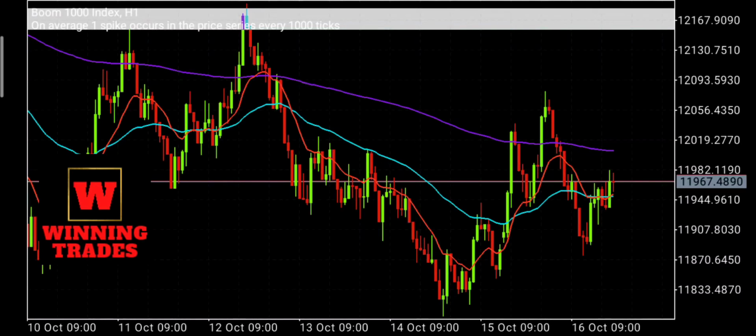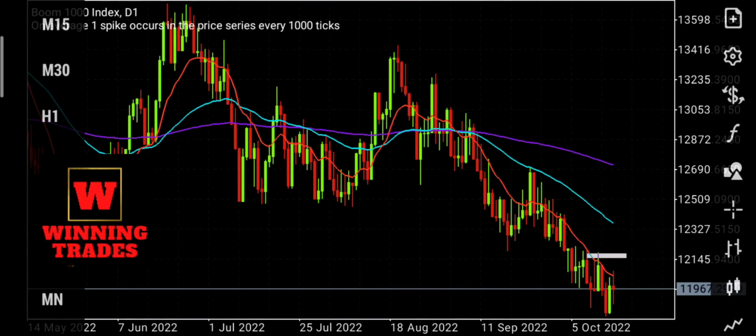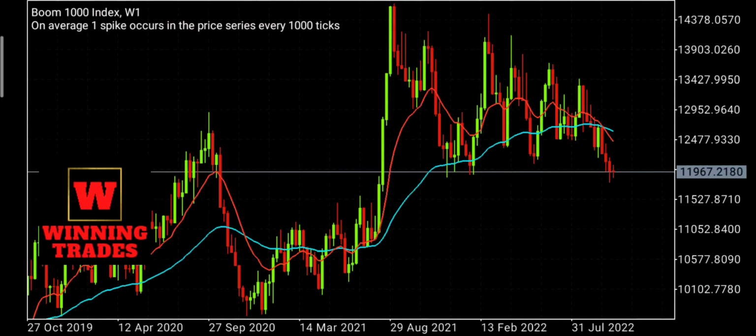Let's see if there's anything happening in H1. Okay, so H1 we see it has not broken lower. So it's difficult for us to tell where price is going.